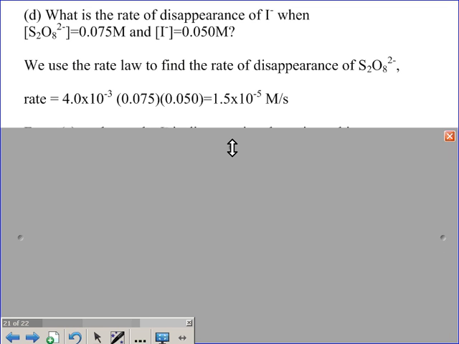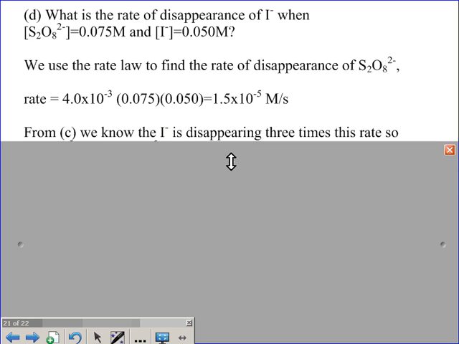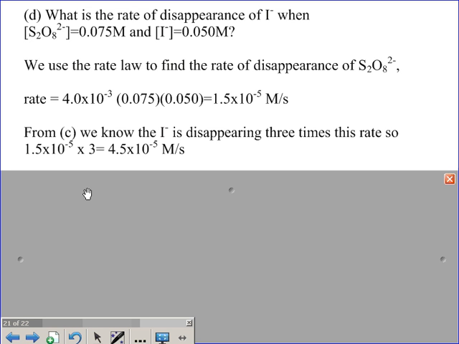And when I solve this, I get 1.5 times 10 to the minus 5, and I know, because I read the beginning paragraph, that this is the rate of disappearance of S2O8 2-. Using the balanced chemical equation from part C, we know that iodide is disappearing 3 times this rate, so I just have to multiply it times 3, and this gives me 4.5 times 10 to the minus 5 molarity per second is how fast the iodide is disappearing.